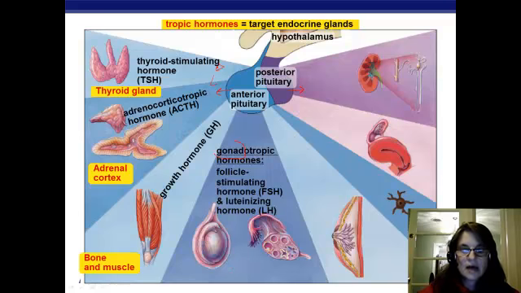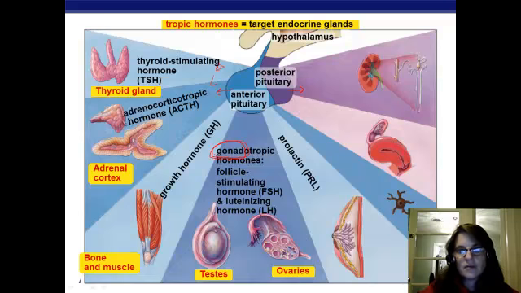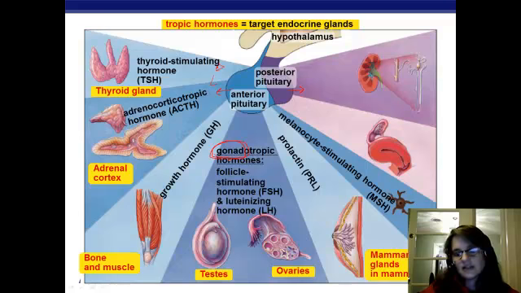Hence gonadotropic. This is gonads, reproductive structures. Prolactin, which is dealing with milk production, at least in mammals. It does a variety of things in other vertebrates, but in mammals it's dealing primarily with milk production after childbirth. MSH, we're not going to talk at depth about that one.